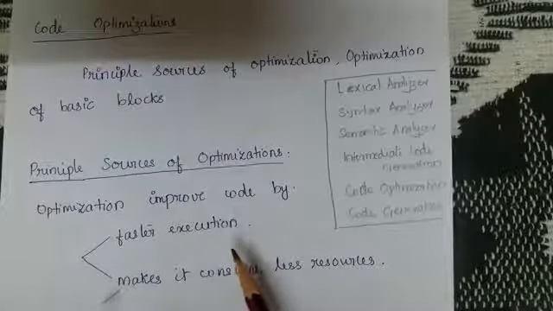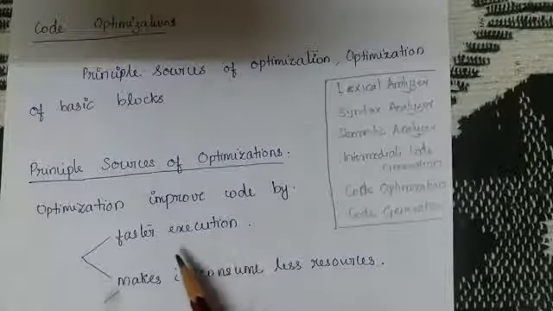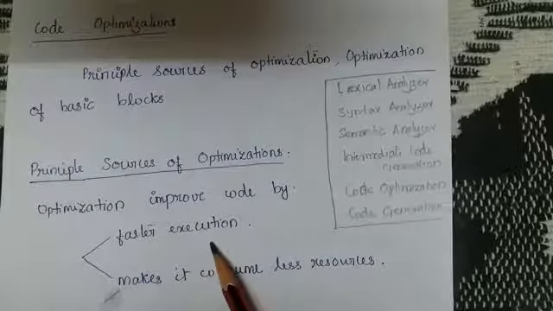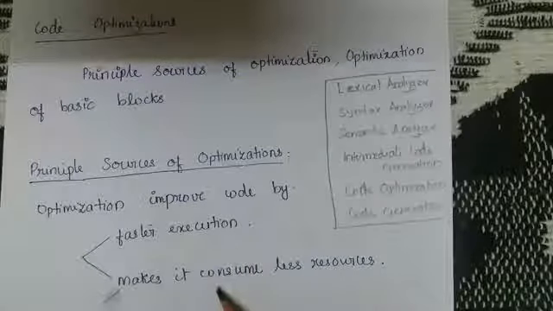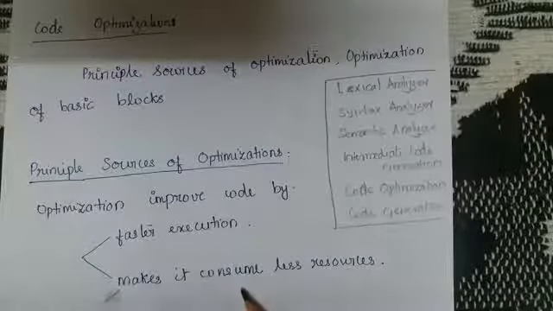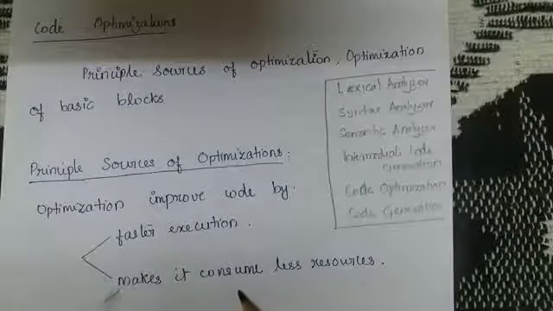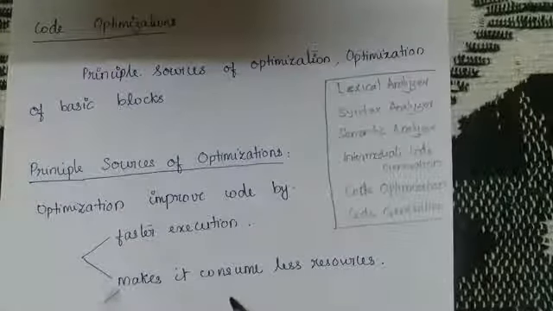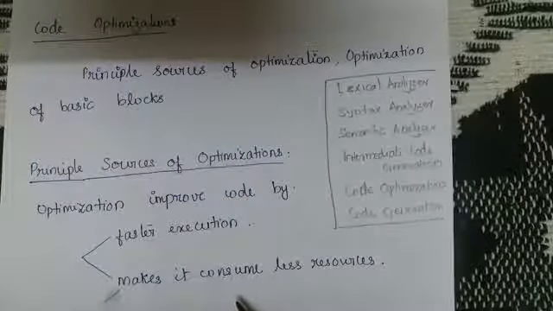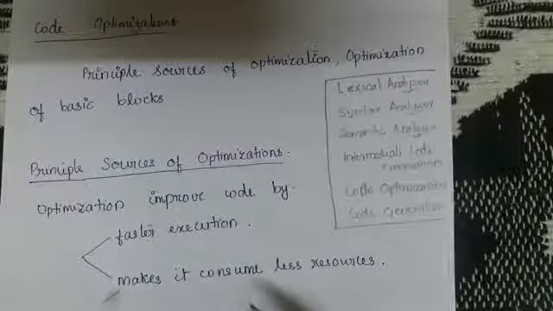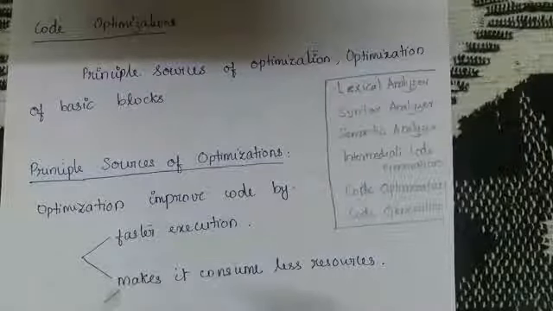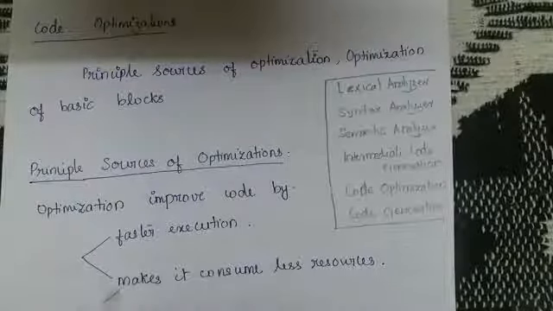By improving the code, it will execute faster than it did earlier, and it will consume fewer resources. Some of the resources are CPU, memory, etc. We need to make less use of these resources so that the code can be improved and get executed faster.